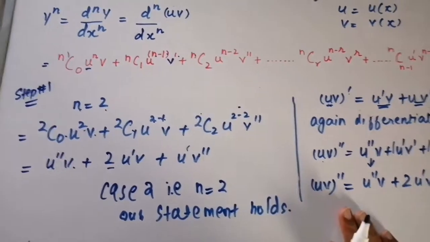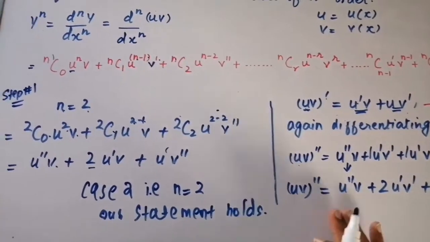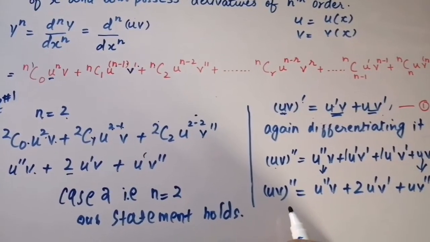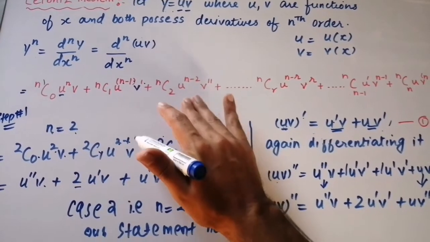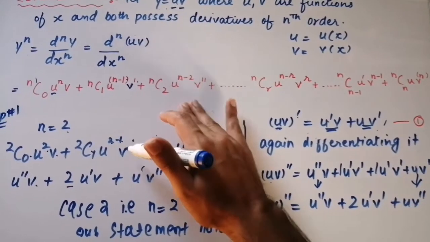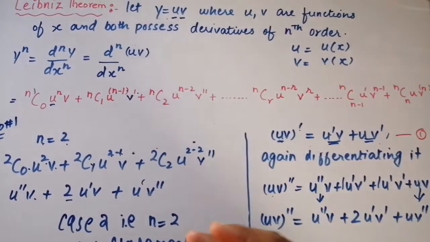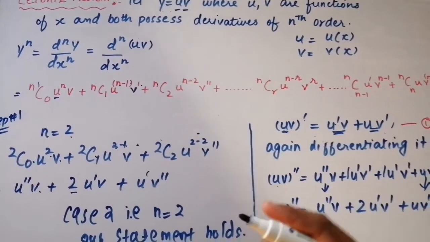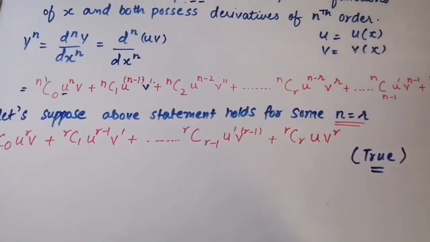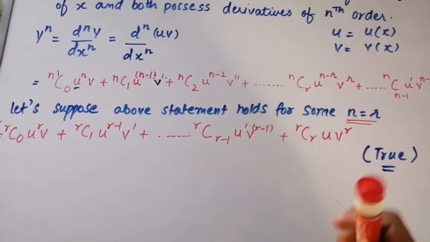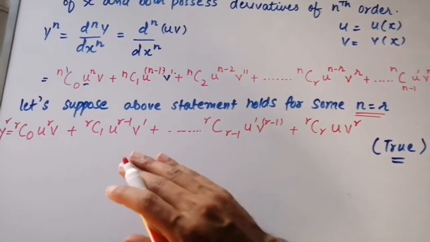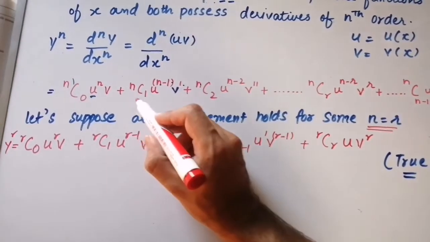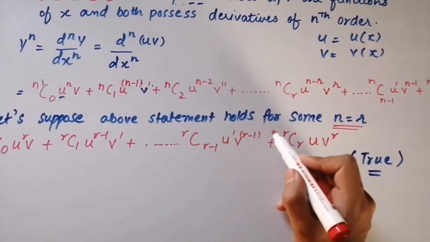Now, after completing step number 1 of mathematical induction, we will assume that this Leibniz theorem holds for some general number, let's say n equal to r. So in this step, I suppose that the Leibniz theorem holds for some n equal to r.